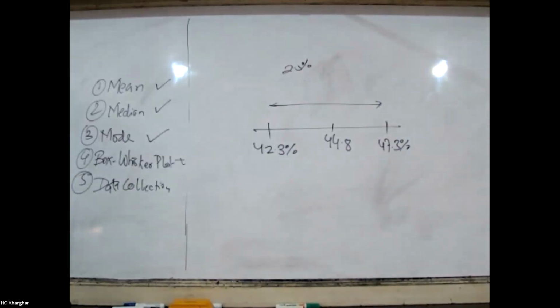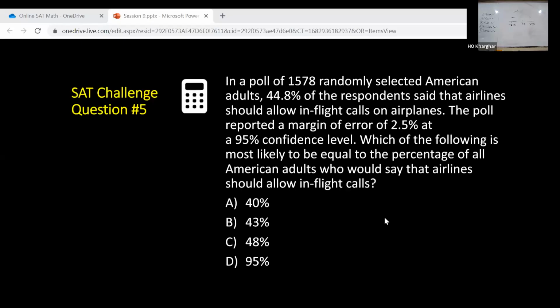Now look at the options. 40% is beyond 42.3 on the lower side. 43 is within my range. 48 is outside my range, and 95% is the confidence level. So if this survey is done on the whole of America, one plausible value would be 43%. It should fall in my range.